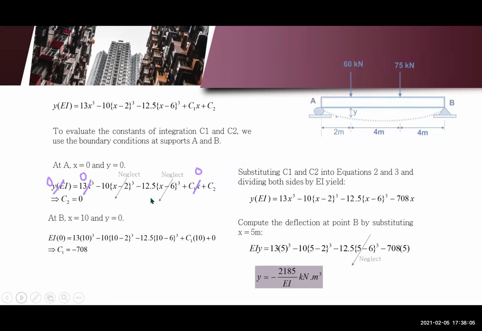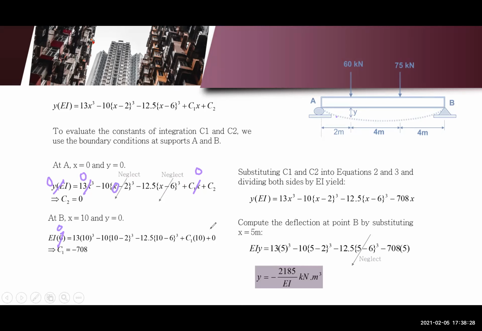Now, in this case, if magiging 0 yung x natin, pag maging 0, to magiging negative, so neglect. 0 magiging negative 6, so neglect. Similarly, ito naman at x is equal to 10, y is equal to 0. So yun, 0 na yung y.